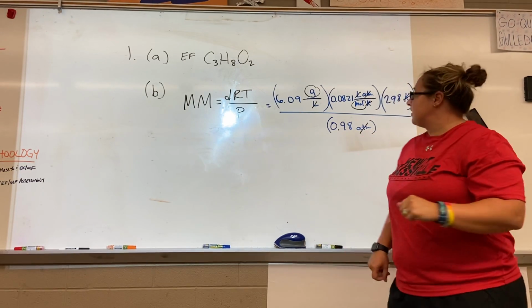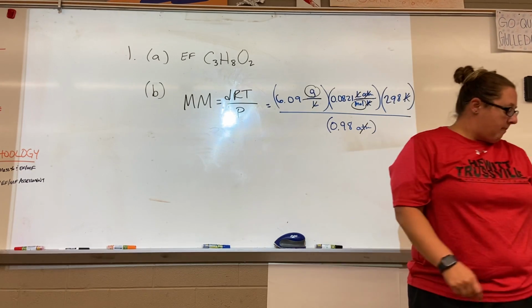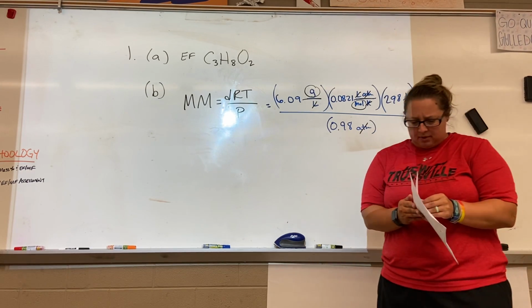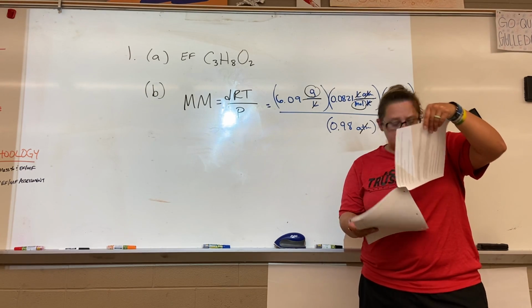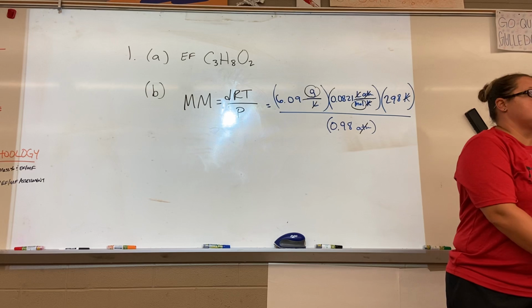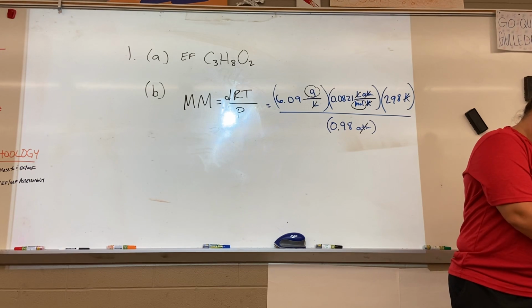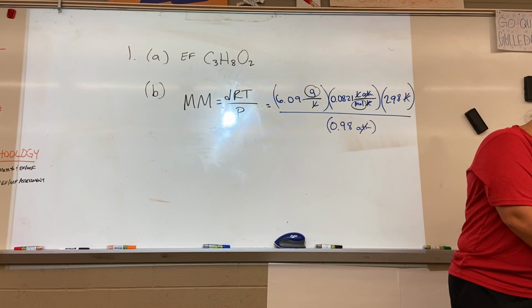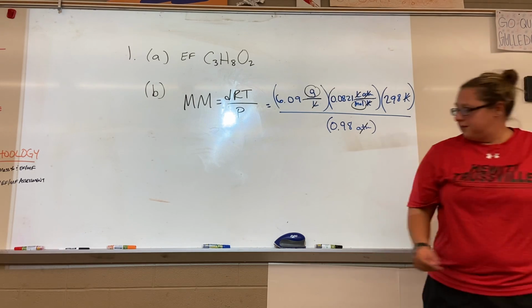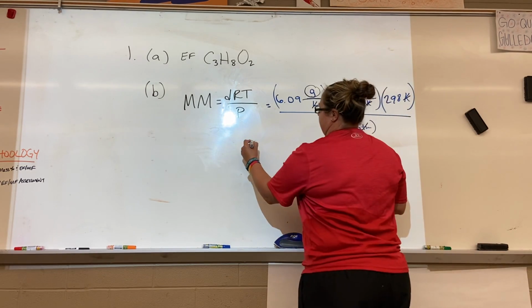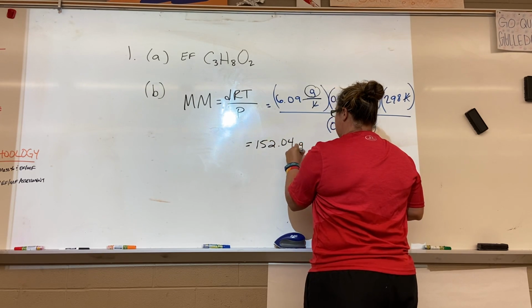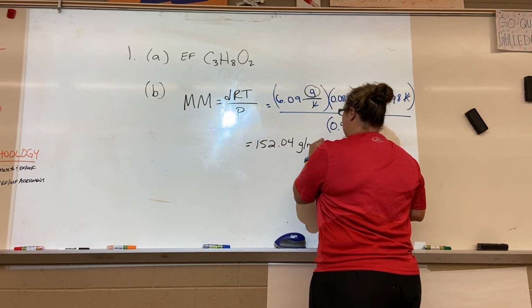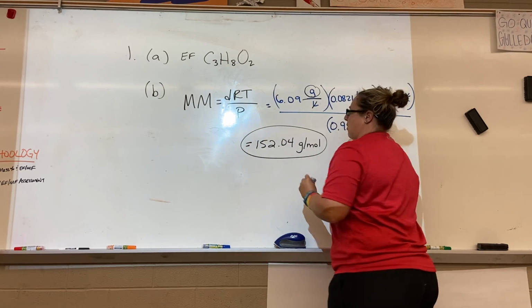When I work through this calculation, you should be able to get your molar mass, which is 152.04. Did y'all get that? Let me double check. Yes, 152.04 grams per mole is our unit for molar mass.